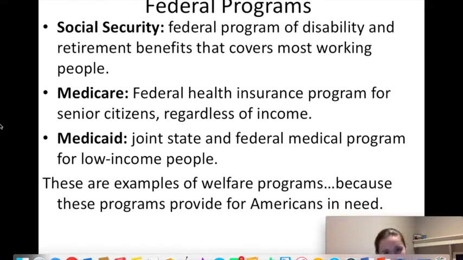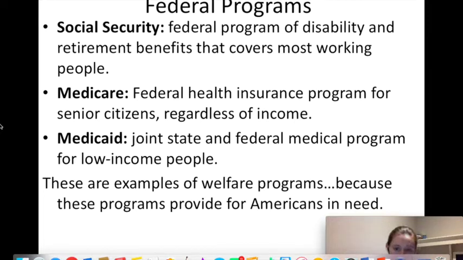Then we have Medicaid, which is another health insurance program, this time for individuals of low income, lower socioeconomic statuses. And these are technically all examples of welfare programs, but these provide for Americans in need.